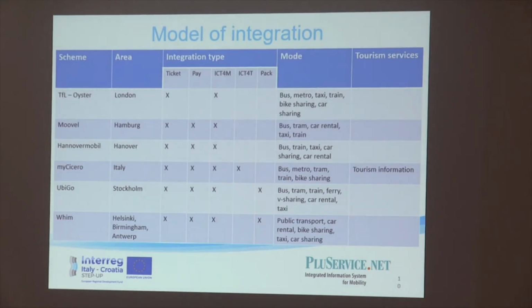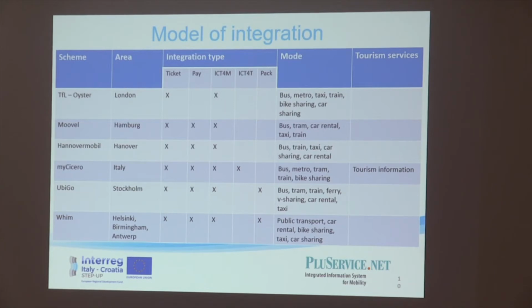Here we can see some models of integration, with the 5 types of integration. Ticketing integration, where with a single card it's possible to access different modes of transport, taking part of the service.